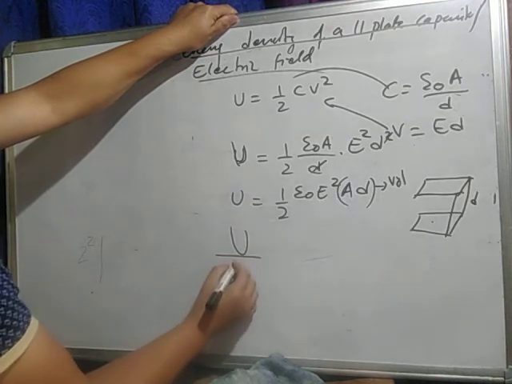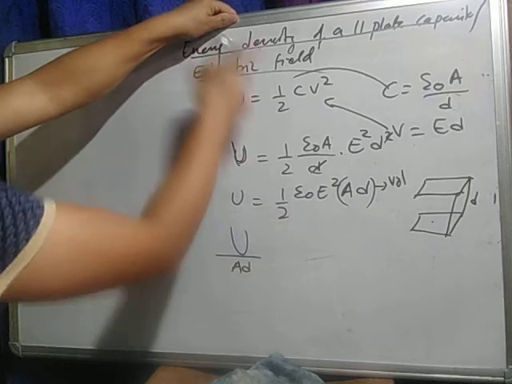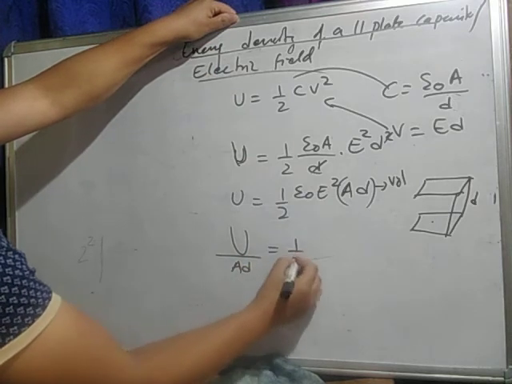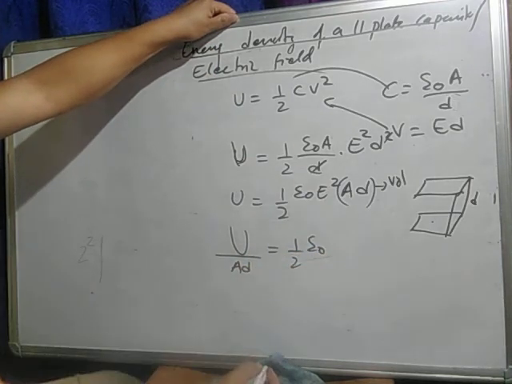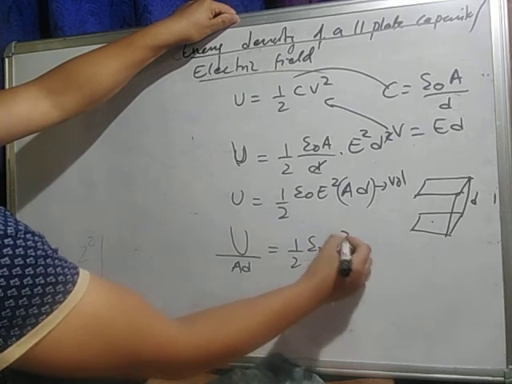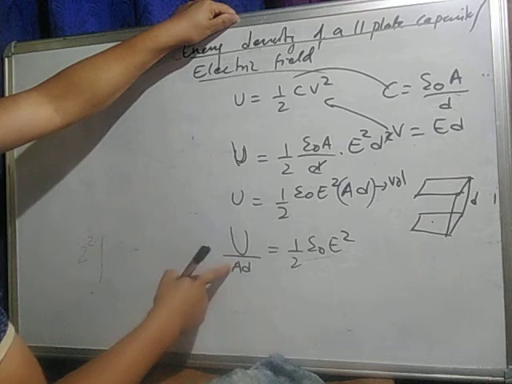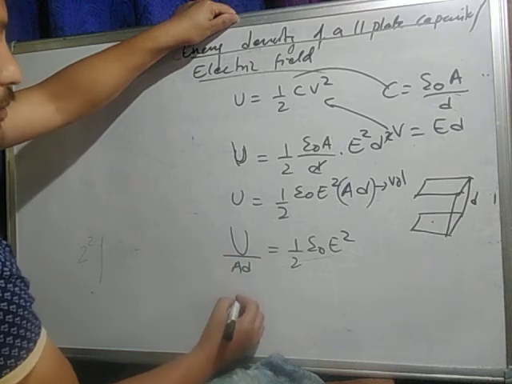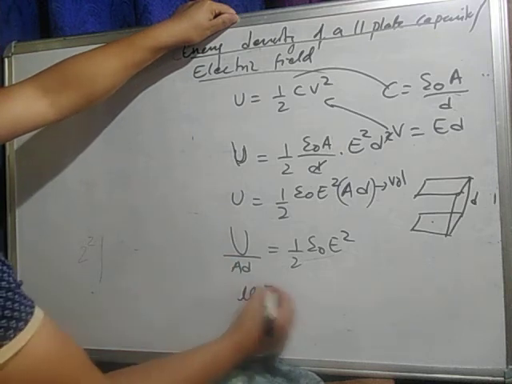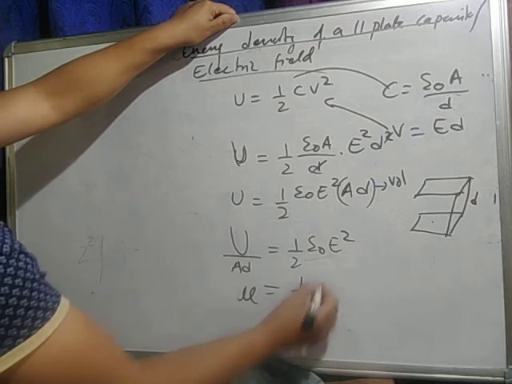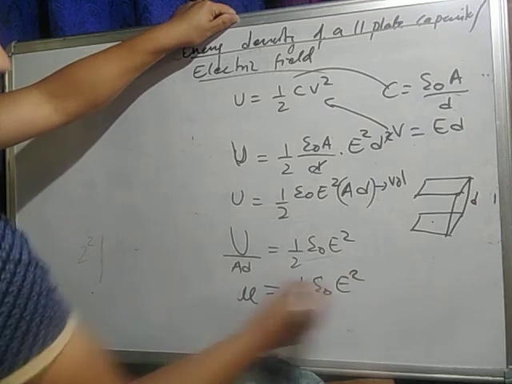Energy per unit volume is your energy density. So how much? Half epsilon naught E square. So this is your energy density, energy per unit volume. We denote it with a small letter U. So half epsilon naught E square.